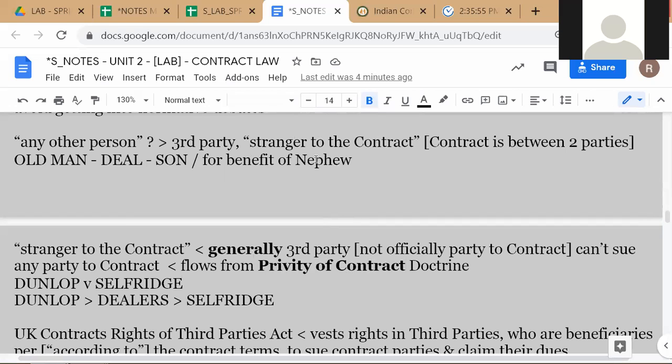And so in this case, when the nephew comes to sue for his benefit under the contract, the court applies the very strict English doctrine. The English common law doctrines were generally quite strict. As I told you, they were very formalistic because they wanted to promote certainty, because of the impact it has on economic activity, economic vitality, business optimism, and all these elements.